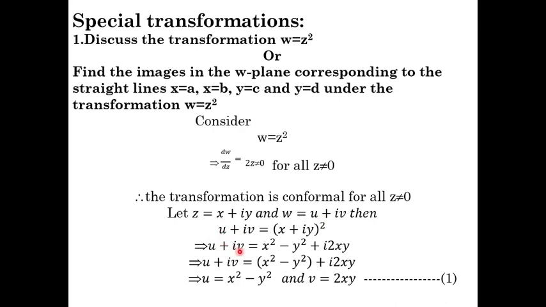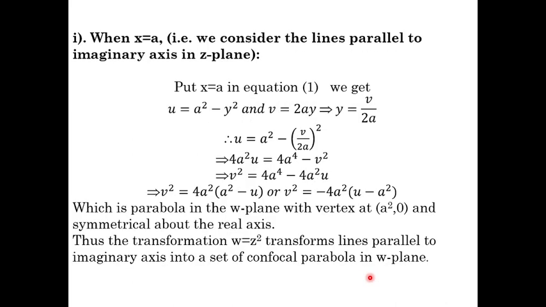Now u + iv = (a + b)² expansion, that is x² + i²y² + 2ixy, where i² is -1, so x² - y² + 2ixy. Now separate the real part and imaginary part. What is the real part in the LHS? u. In the RHS, x² - y². What is the imaginary part in the LHS? v, which is equal to the RHS, 2xy. Now call this equation number 1.